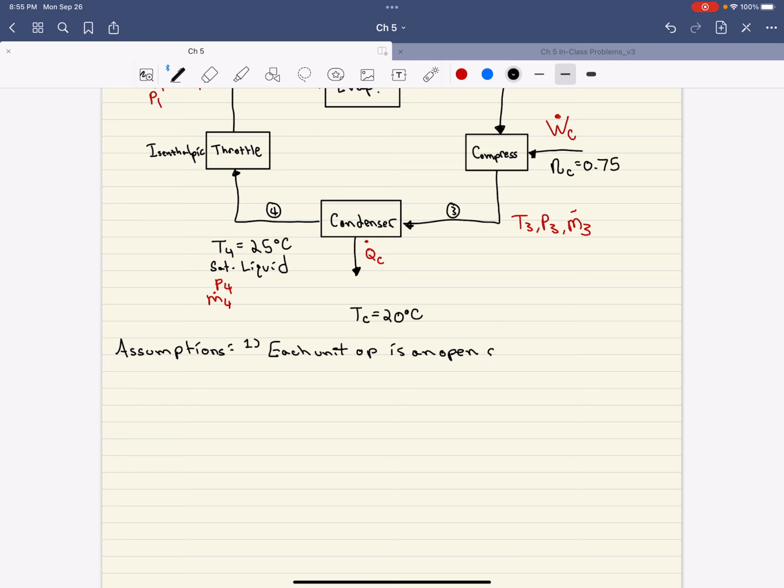Each of these open systems is going to be operating at steady state. We're not going to care about changes in kinetic or potential energy.